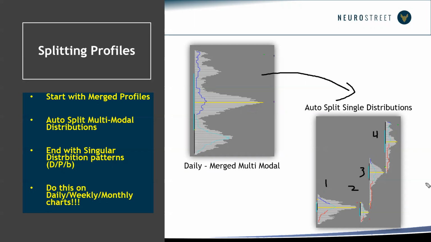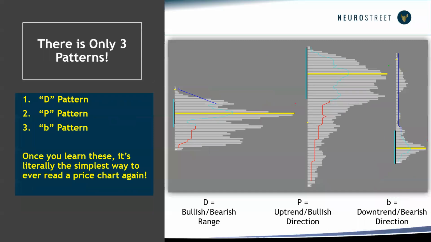And the reason this is super important is because in order for us to properly understand the daily auction, once you split the profiles into balanced distributions, we end up with 3 patterns, okay? And essentially, when you trade a financial instrument, the problem with a lot of traders, and I always like to start with a problem and then provide a solution.